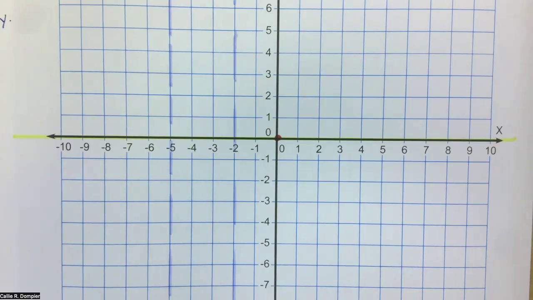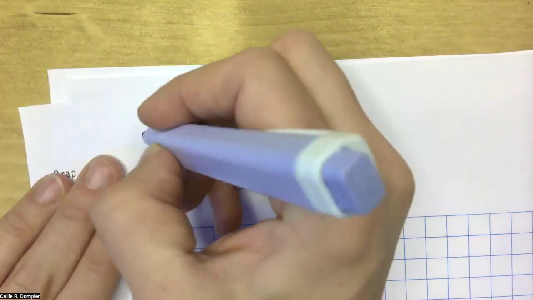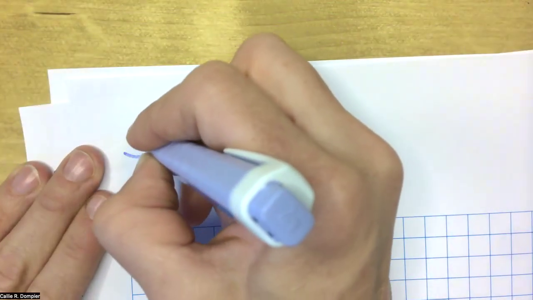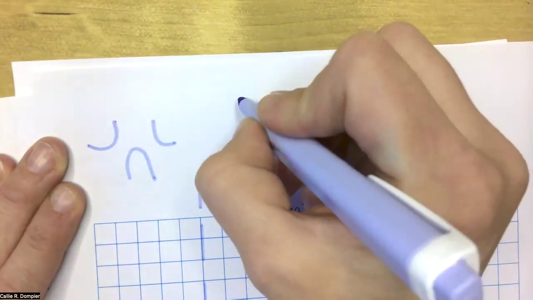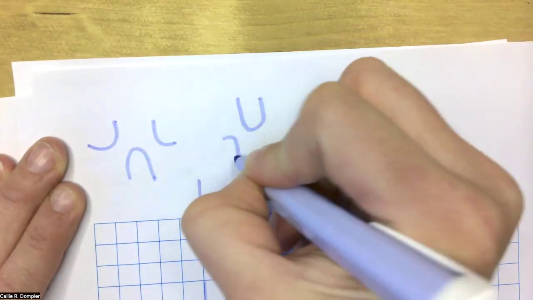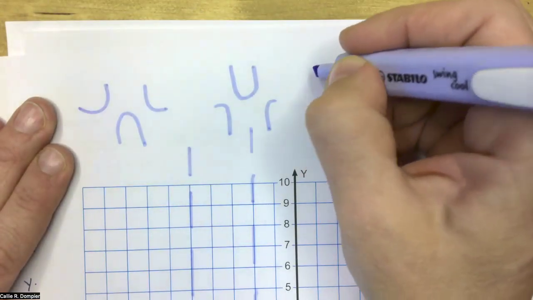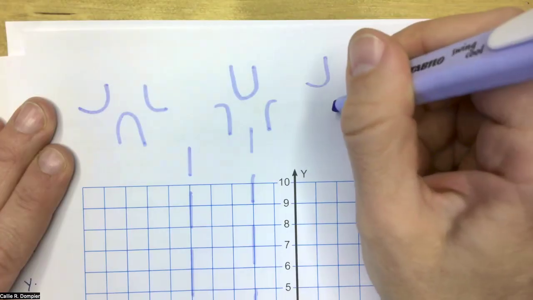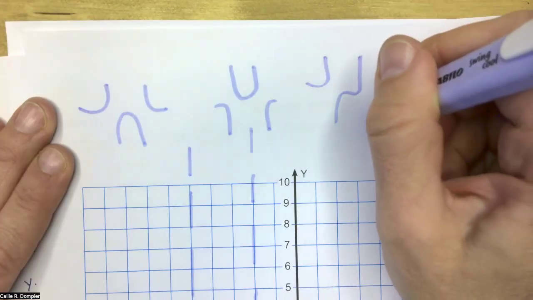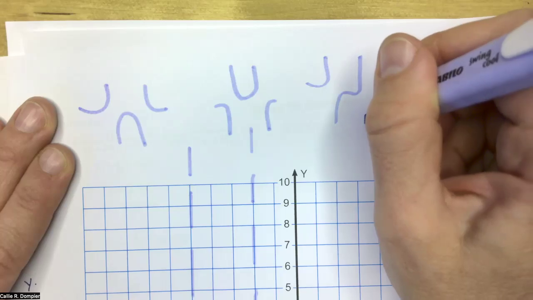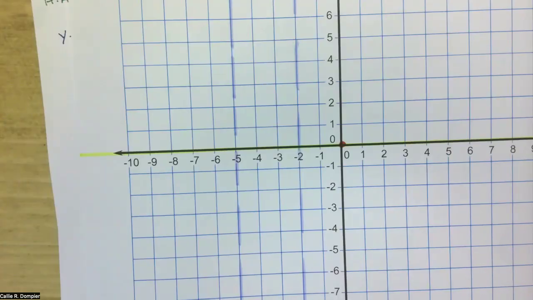So a good thing to do at this point is to imagine it. You say, okay, it's either like this, or it's like that, right? Or it could be up like that. Anyway, there are basically two shapes it could be.